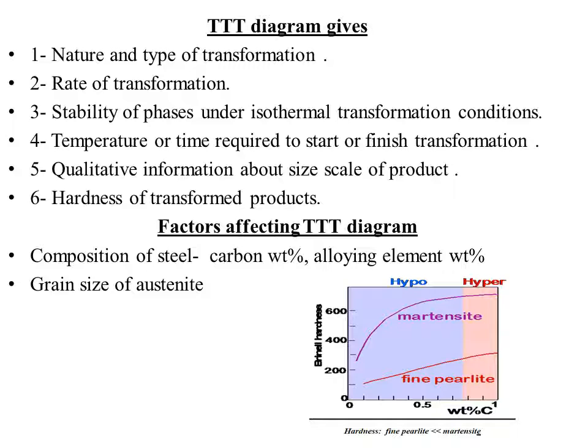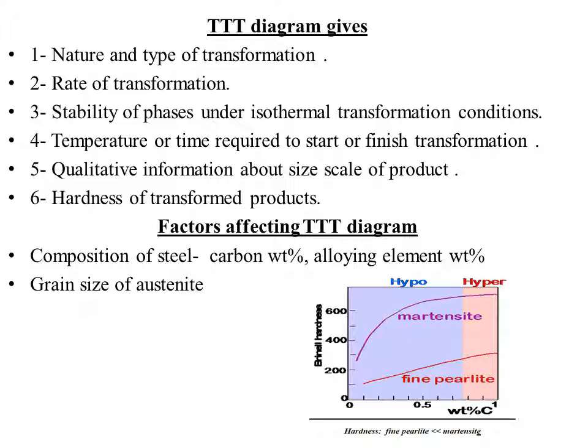The factors affecting the TTT diagram are the composition of the mixture, whatever we are adding with iron, and the grain size of austenite.